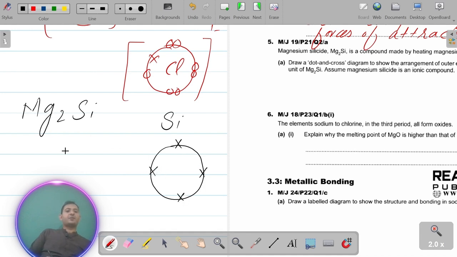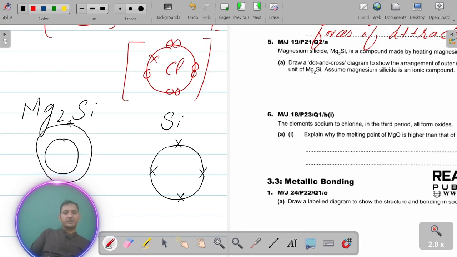Magnesium is from group 2, so magnesium can lose 2 electrons. Here I have one magnesium, here I have another magnesium, showing the outer shell electrons of the first magnesium and the outermost electrons of the other.